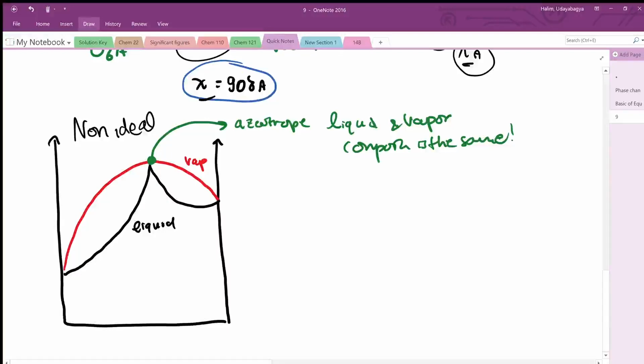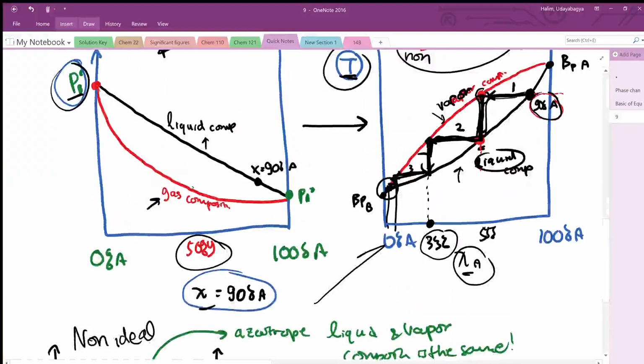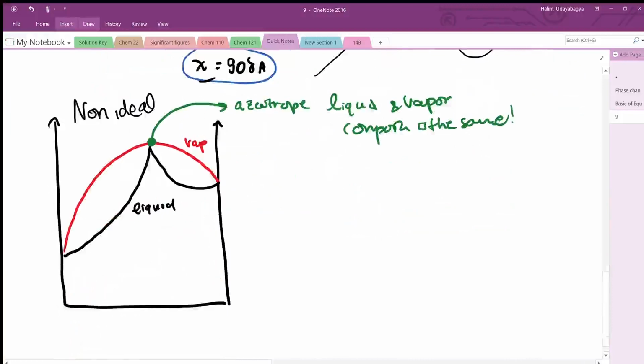So let's kind of look at this azeotrope in the case of distillation as well. How is it going to be different or the same from the distillation case of the ideal solution? So let's say I have a solution, so this is my 50%, 100% A, and 0% A. This is 25, this is 75.